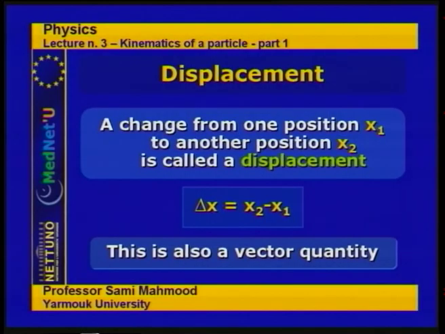This displacement is also a vector because it is the difference between two vectors, which are the initial position and the final position. The position is a vector, then the difference in position would also be a vector. The displacement is thus a vector. If the result of x2 minus x1 is positive, then we say that the displacement is positive.